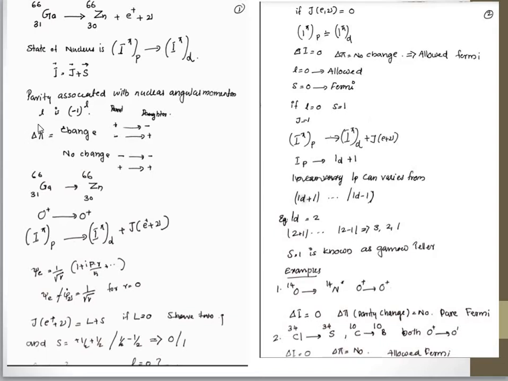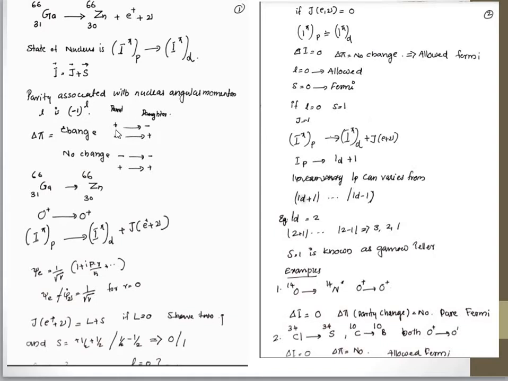So there are two possibilities: delta pi can take two values, if there is a change in the parity and if there is no change in parity. Change in parity means the parity of the parent is different from that of the daughter nucleus.